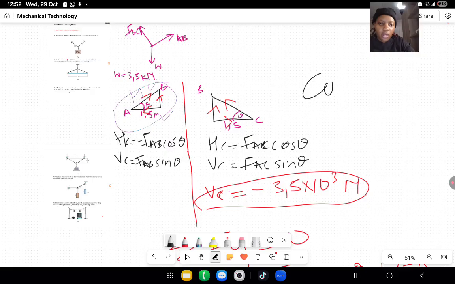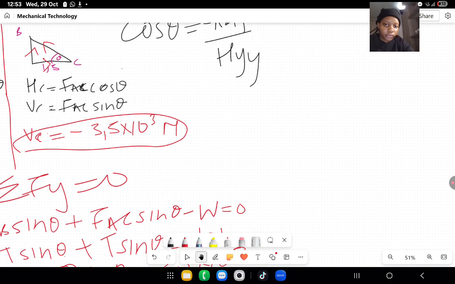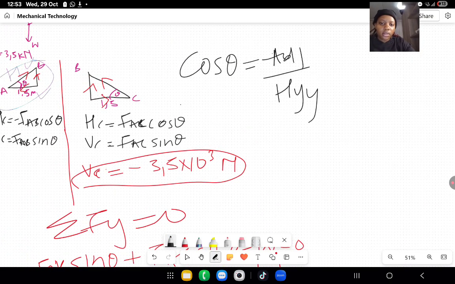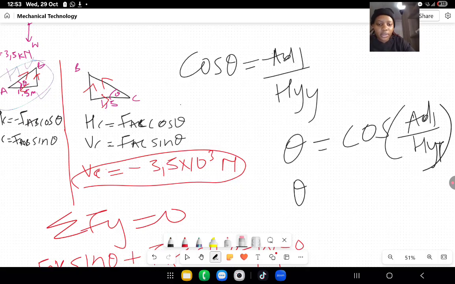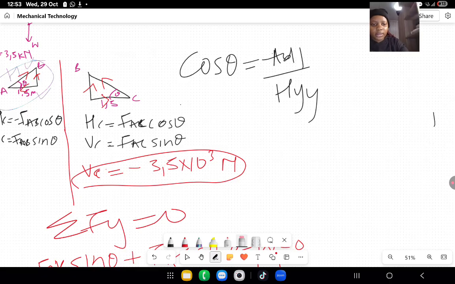We'll have cos theta equals adjacent over hypotenuse. Sorry, I made a mistake, let me erase this.